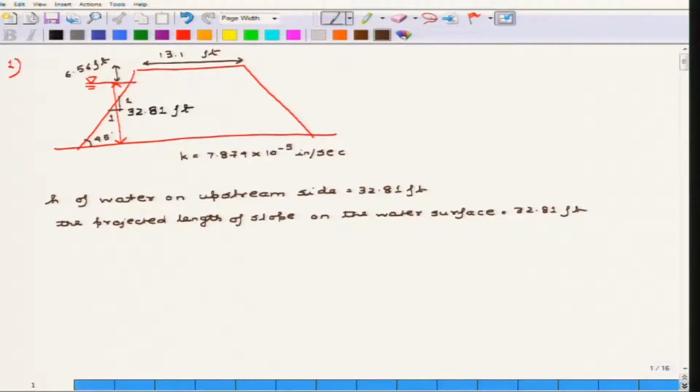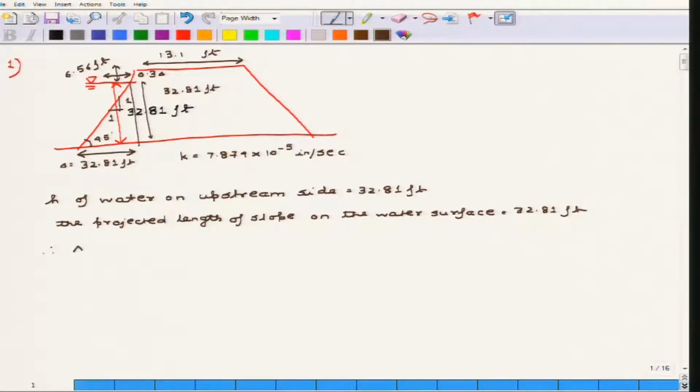Now this length is 32.81 feet, and this length as well is 32.81 feet. So as we have discussed in the lecture, the parabola will start from a point which is basically at a distance of 0.3 delta, where delta is 32.81 feet.